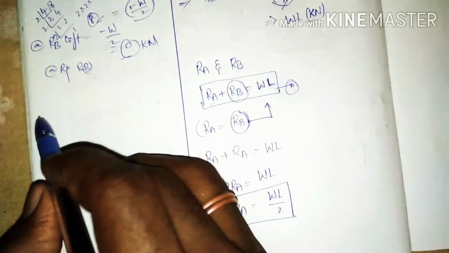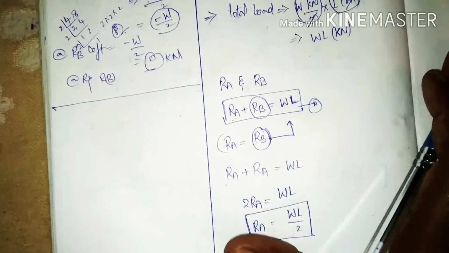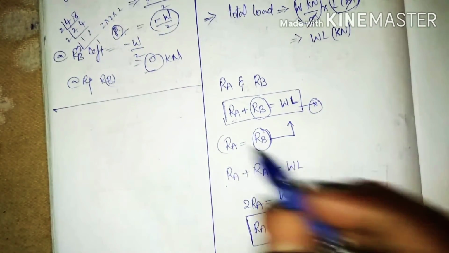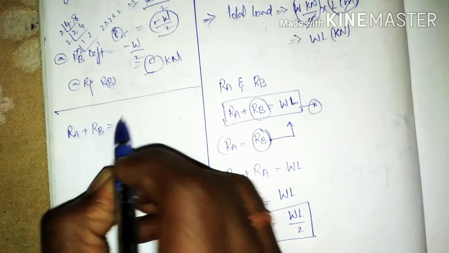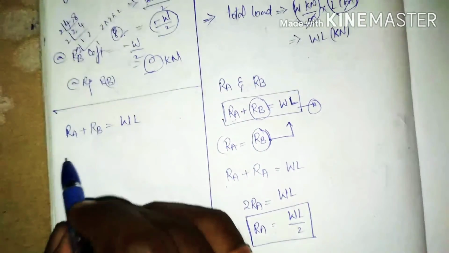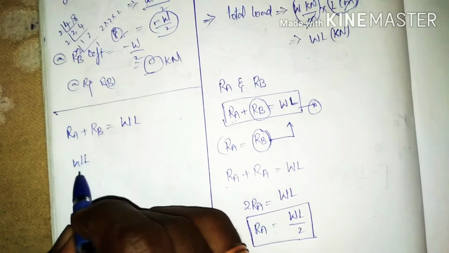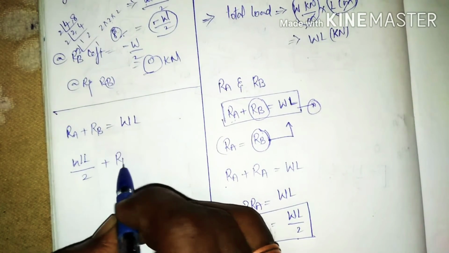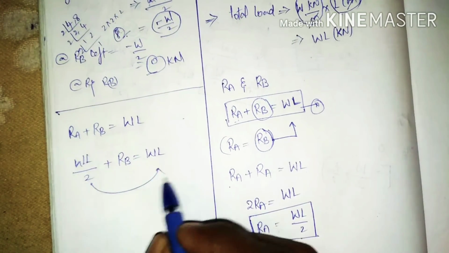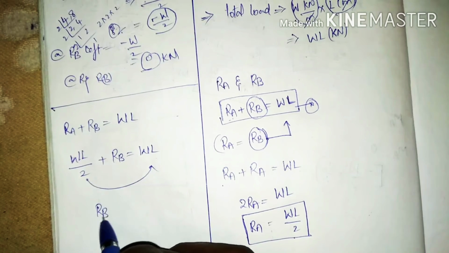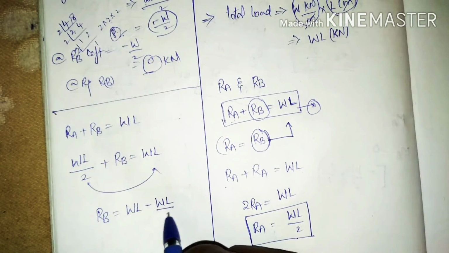To find the other reaction, simply substitute the RA value in the star equation. We will get the RB reaction: RA plus RB is equal to WL. We know that RA is equal to WL by 2. Substituting, WL by 2 plus RB is equal to WL, so RB is equal to WL minus WL by 2.